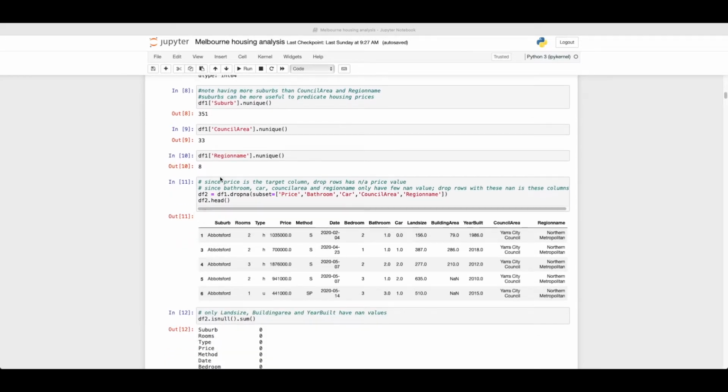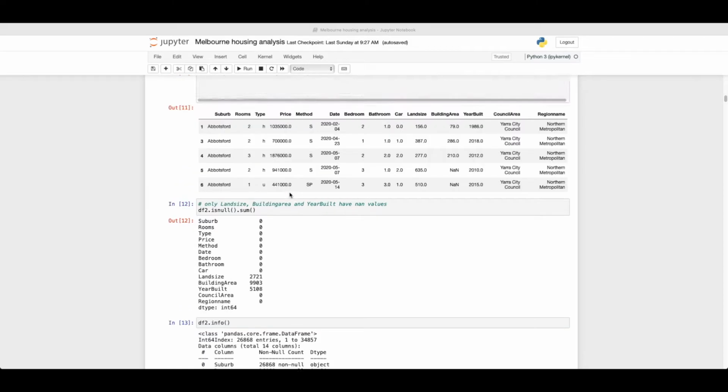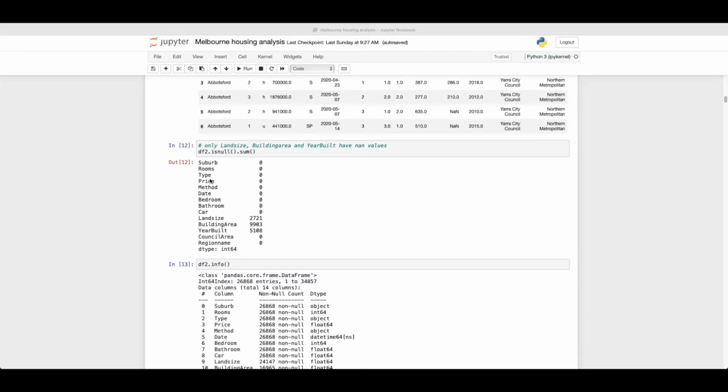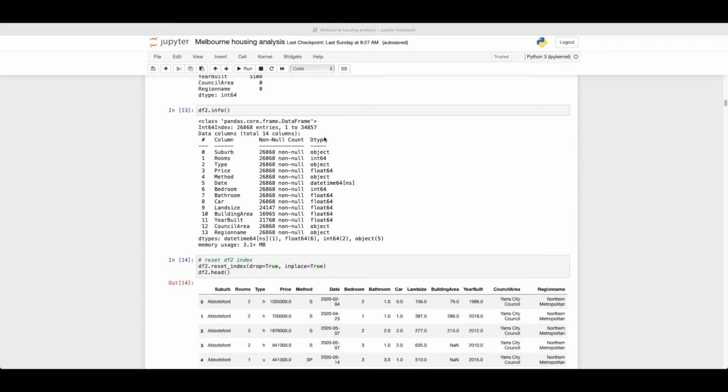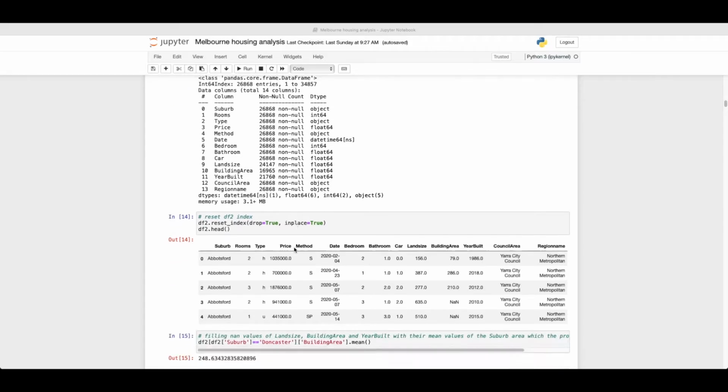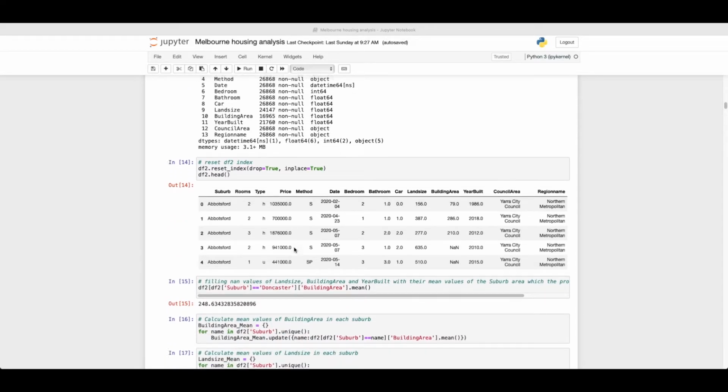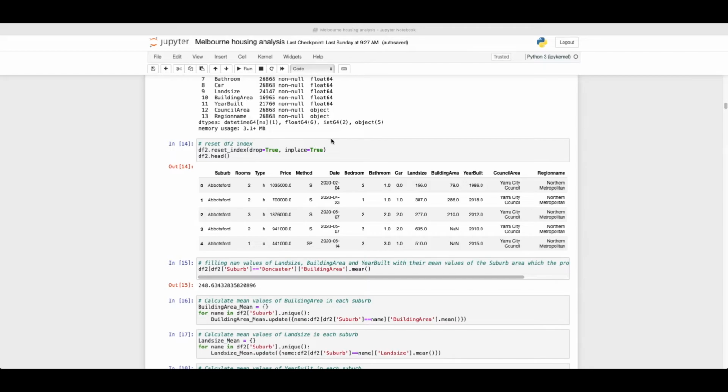I saved it as dataframe 2 and checked the first 5 rows. It looks okay. The remaining columns with missing values are land size, building area, and year built. I briefly checked the data types here, and I reset the index.